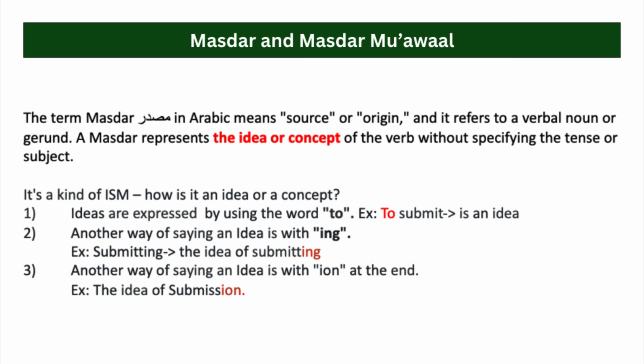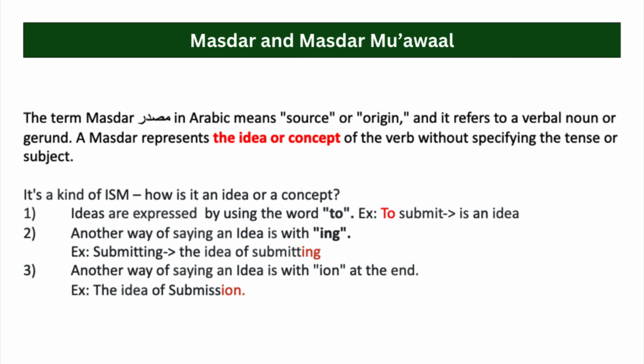Now, to understand this better, let us connect it with English. In English, we also express ideas in similar ways. For example, when we say to submit, we are talking about the idea of submitting, not an actual action happening.